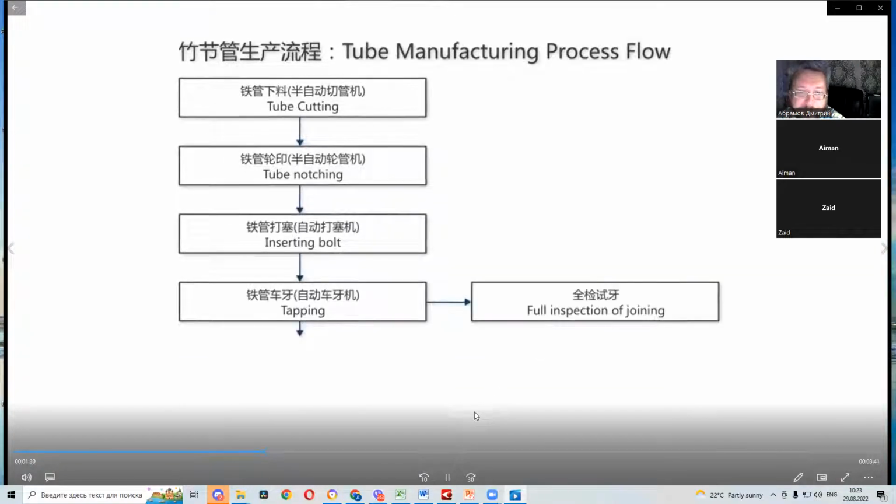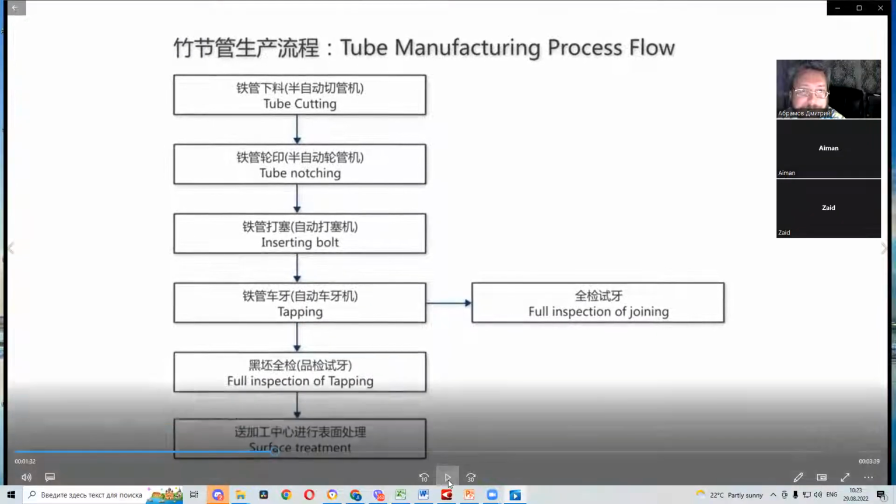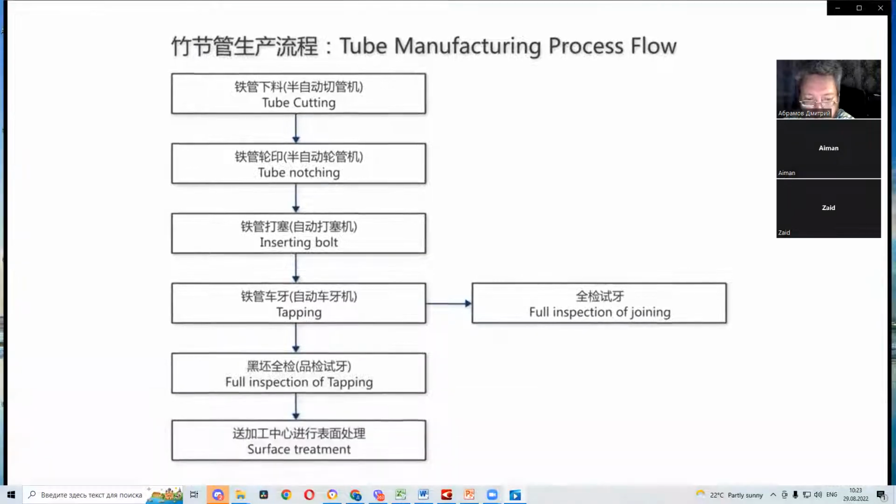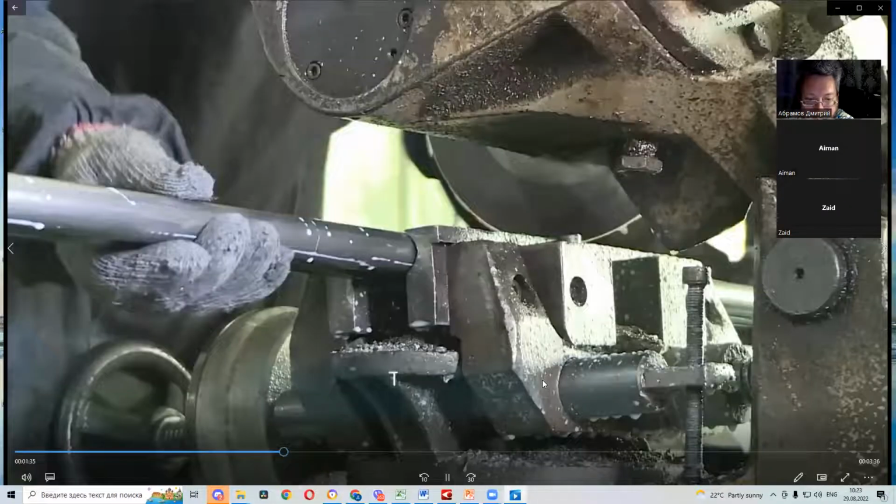Tube manufacturing process: tube cutting, tube notching, inserting bolt, tapping, full inspection of tapping, surface treatment.